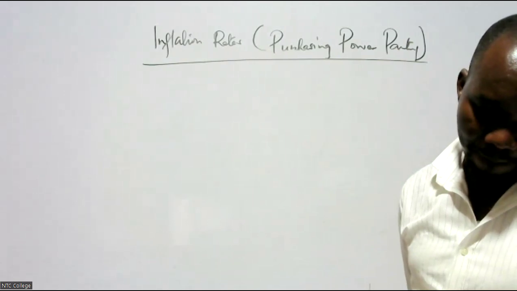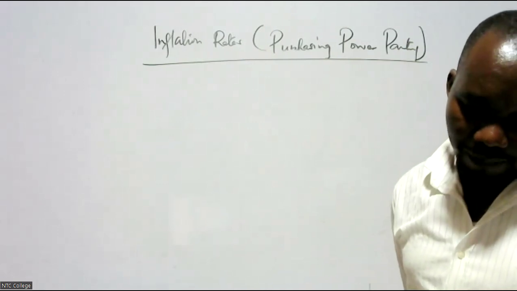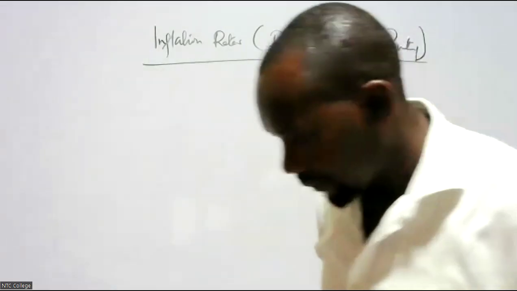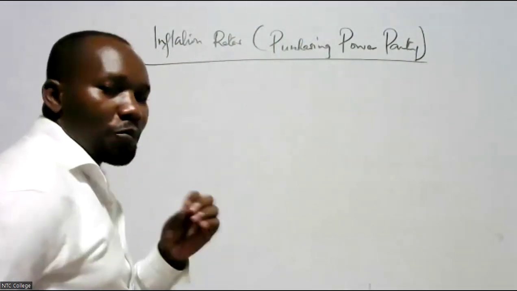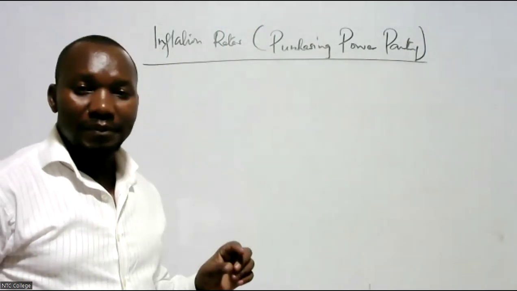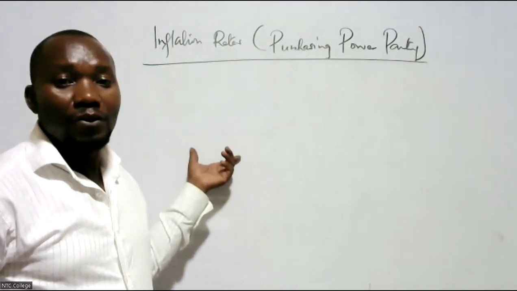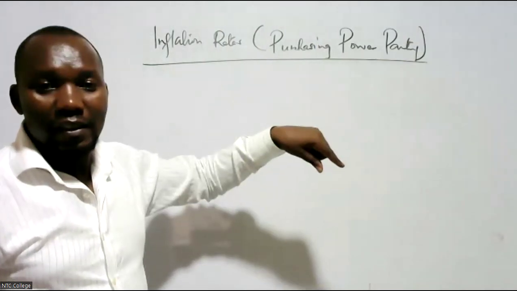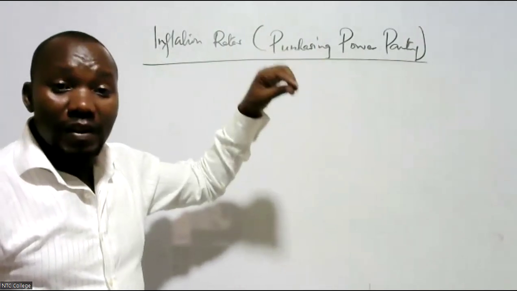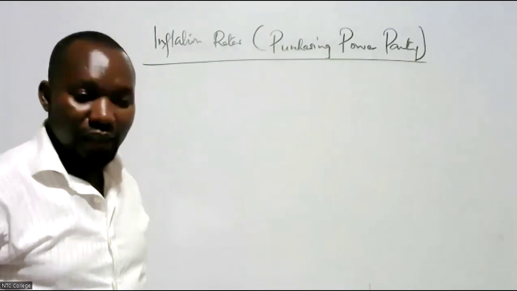Do we understand each other? So we're talking about bread in Uganda and bread in Kenya. We are saying that the price of bread in Uganda, if you convert it to Kenyan currency, should be equal to the price of the same bread in Kenya.